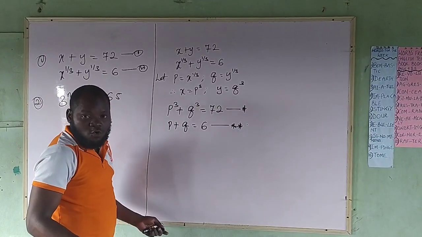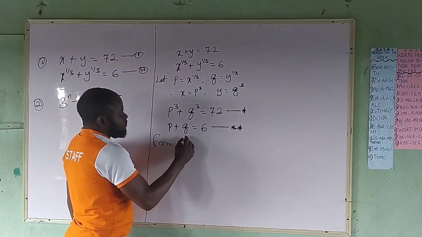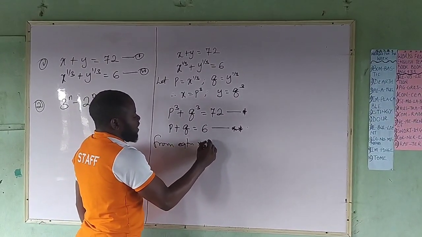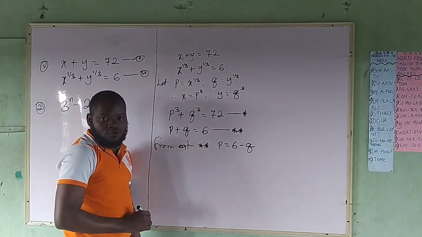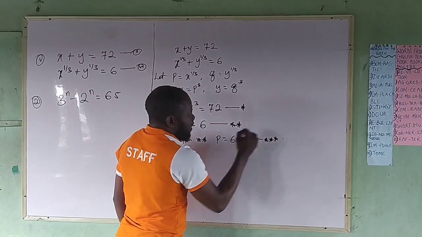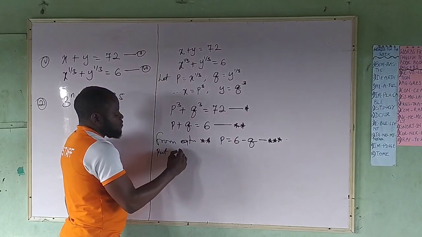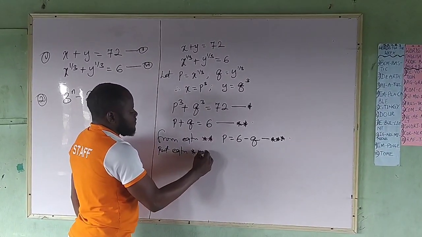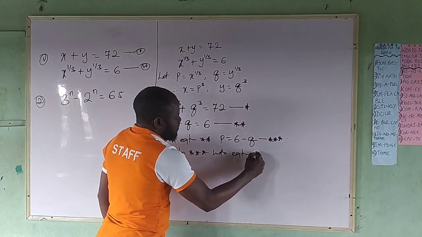So here now we can do what we wanted to do initially by saying from equation star star, p equals 6 minus q, and that will form equation star star star. So put equation star star star into equation star.